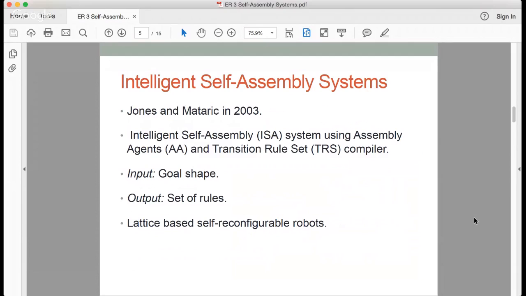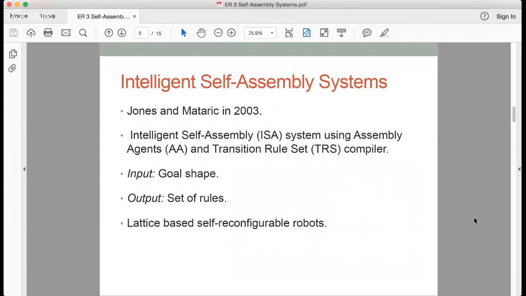Each assembly agent has limited and local sensing and local rule-based control. The assembly agents can be equipped with increased computational capabilities. These increased capabilities may be utilized during the assembly process to allow for richer interaction and greater coordination among assembly agents or modules, in a simpler way, and therefore allow the assembly of more complex structures.